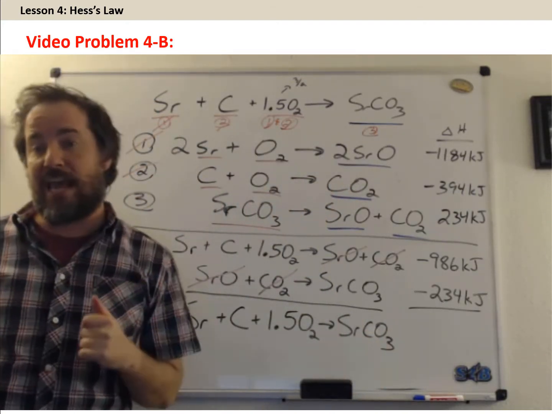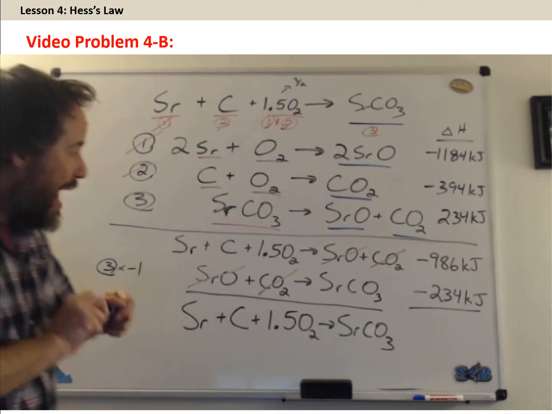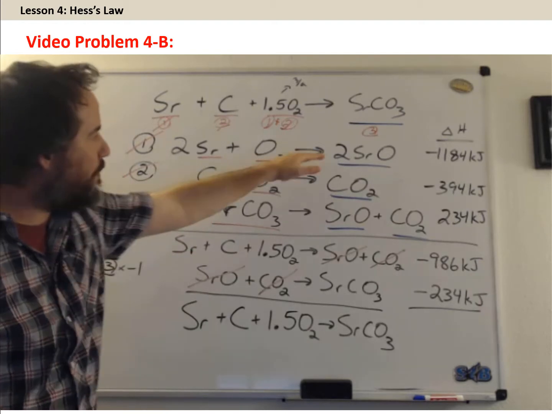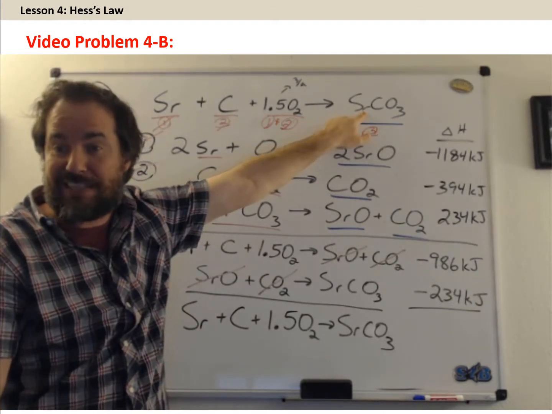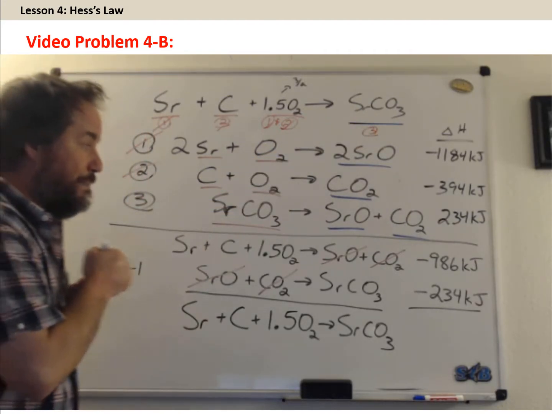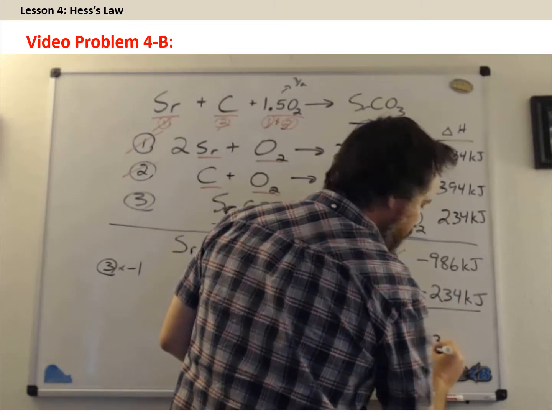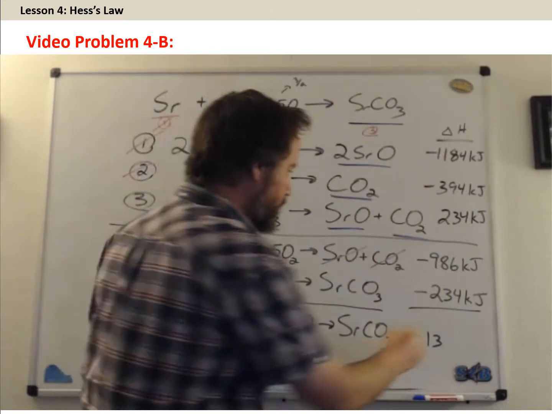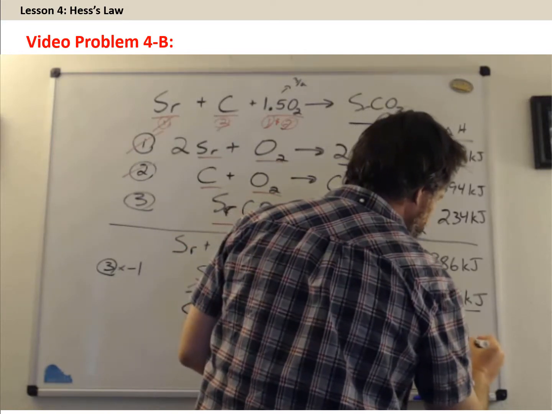If it isn't the same and you've used everything, you probably did something wrong. Go back, make sure you didn't mess something up or forget a coefficient. In this case, remember I started off with this being scandium, Sc. Stupid things like that do happen. Okay, so I add these up and this gets me negative 12 kilojoules.